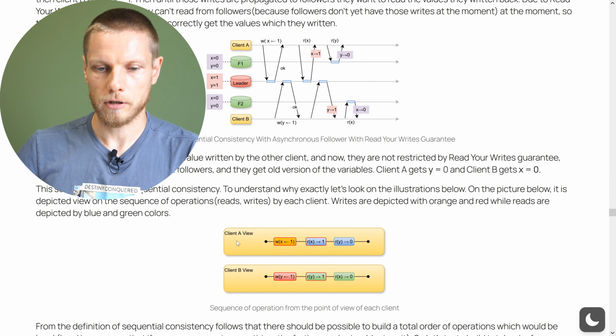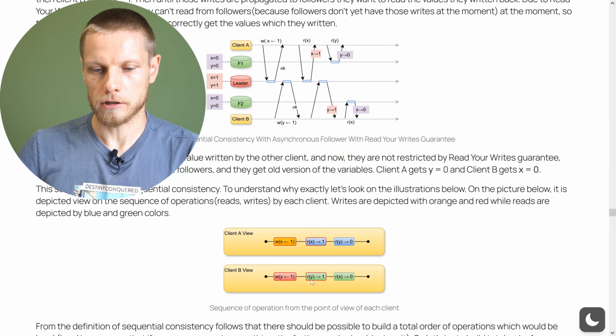From client A's point of view, client A wrote 1 to X. Then it made two reads. It read X and it read Y and got 1 and 0. And client B wrote 1 to Y and made two reads.